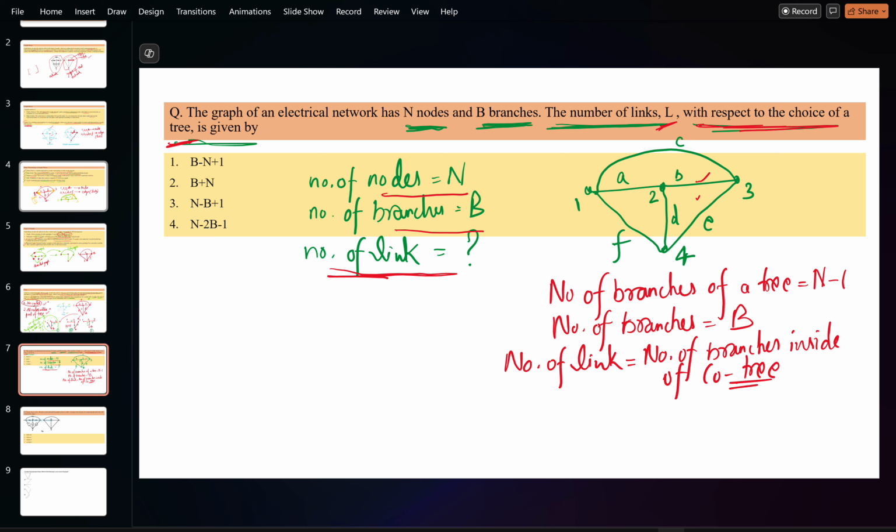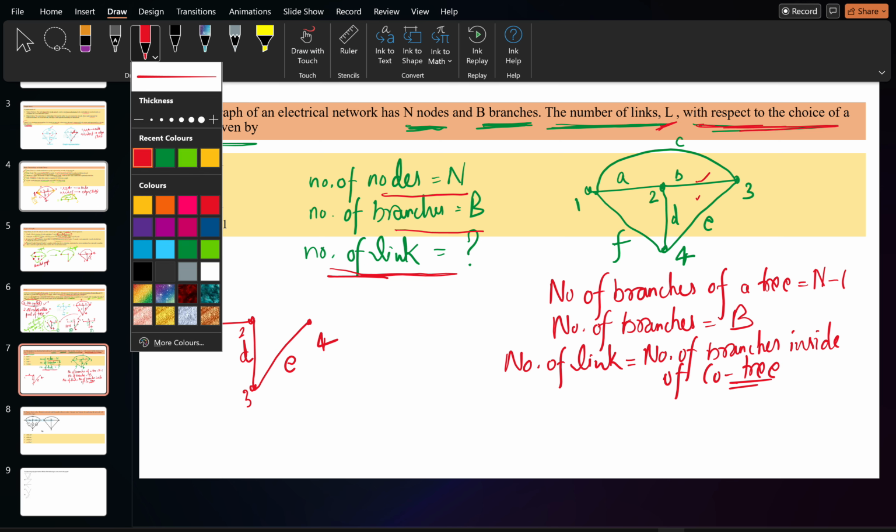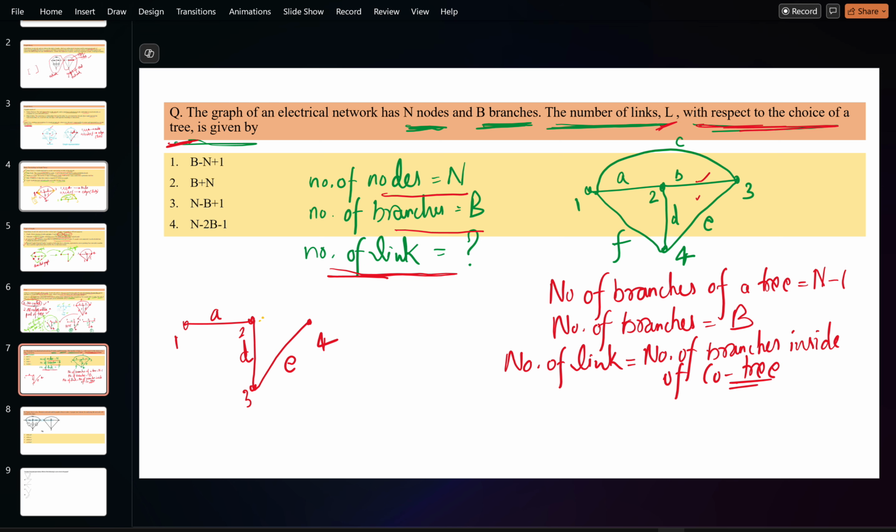Core tree means the tree which you have already formed. Suppose I have formed a tree here like this, so it doesn't have any closed path, and the edges are A, B, C, D and the nodes 1, 2, 3, 4. What is being left? The left part is like this. This is the dotted part, which are the branches being left off.